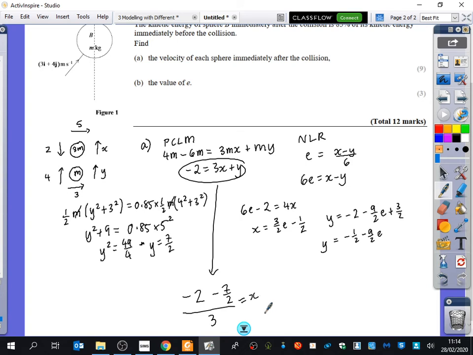So x is minus a half. And now we can go straight in with this statement for part B. We haven't finished the question: find the velocity of each sphere after the collision. So we should say A has a velocity of 5i minus a half j, and B has the velocity of 3i plus 7 over 2 j.